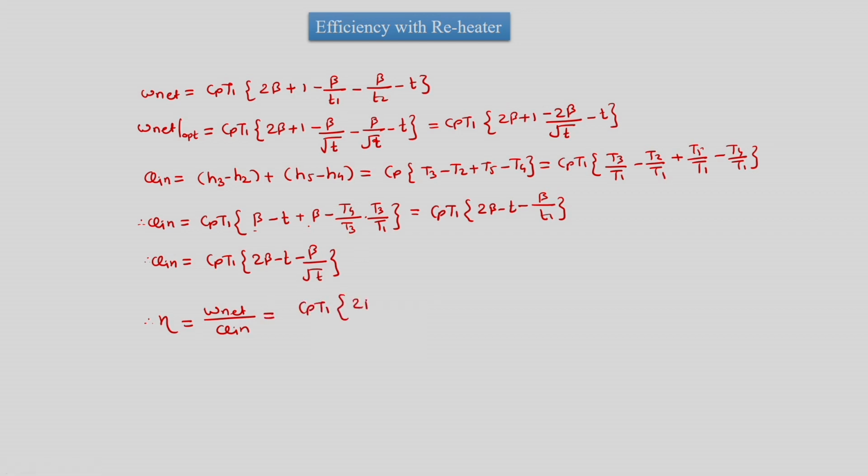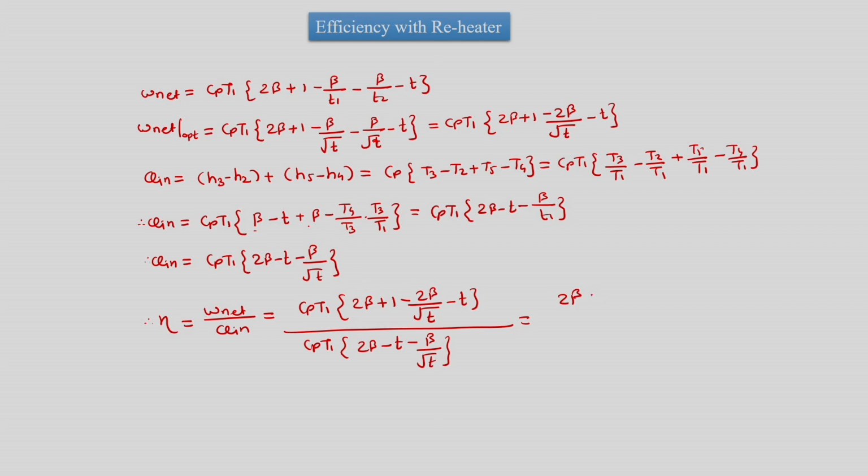So we can write down efficiency as W net upon Q in, where we will write down W net as Cp T1 into twice beta plus 1 minus twice beta upon root T minus T divided by Cp T1 into twice beta minus T minus beta upon root T. So Cp T1 would get cancelled.